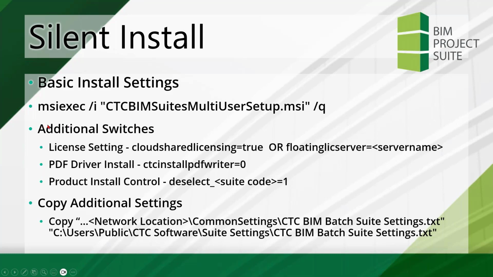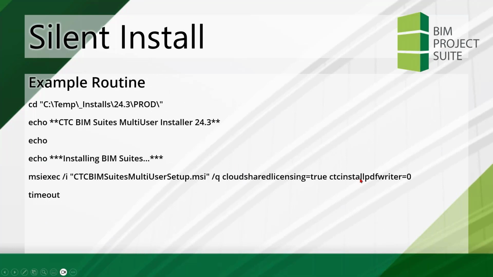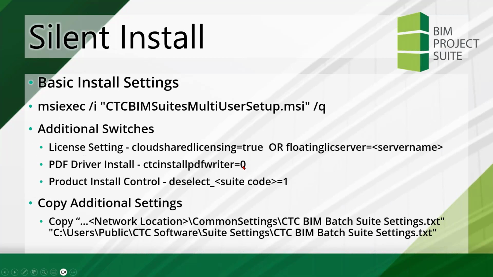That's it. Additional switches that are available to you: you have the ability to control your license settings, whether it's a cloud shared license or a floating license server. You can control if they need the CTC PDF writer or not. And actually that should say 1 if you do want it, 0 for not.